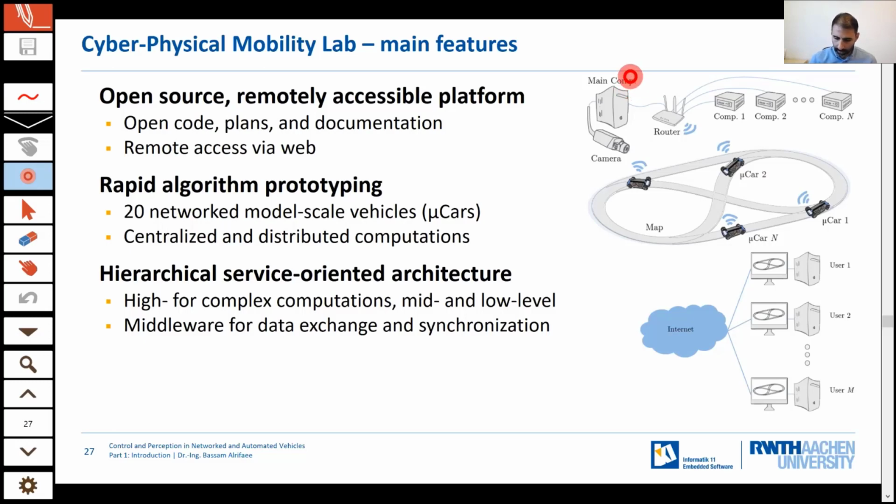So here we have the main computer of the lab. We call it the lab control center, or let's say the software running on it is called the lab control center. It is connected to the lab camera, which detects the positions and orientations of the vehicles. And also we have a router which communicates between the vehicles and the computers. We also have single computers for each vehicle.